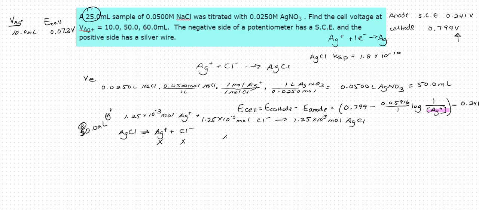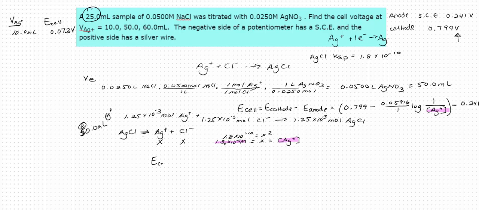So the KSP, 1.8 times 10 to the negative 10, is going to be equal to x squared. Then x is going to be equal to the square root of that. So x is 1.3 times 10 to the negative fifth molar. And again, that is the concentration of our silver. So that is our value that we feed into our master equation.